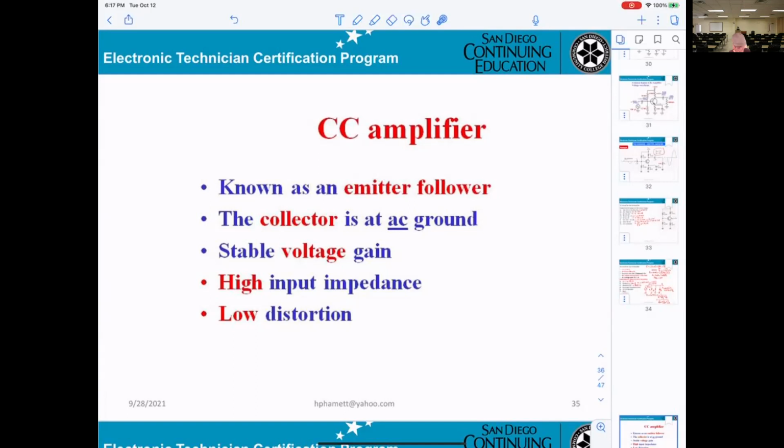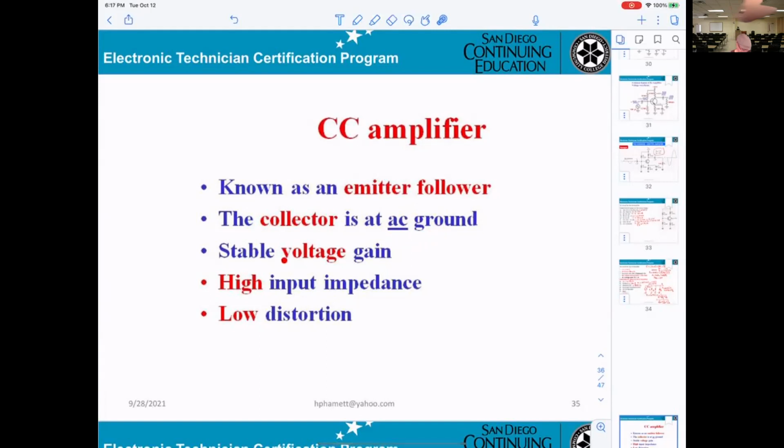Otherwise, you know the common collector, but they ask you about the emitter follower and you don't know which one. That's just one name. The collector is the AC route. That's what I already told you: common collector will be AC route, common emitter will be AC route, common base will be AC route.